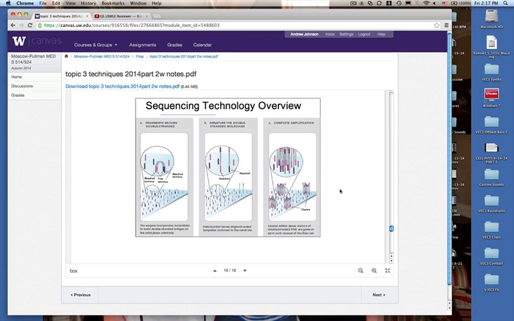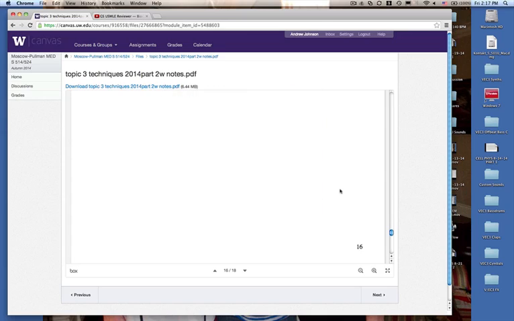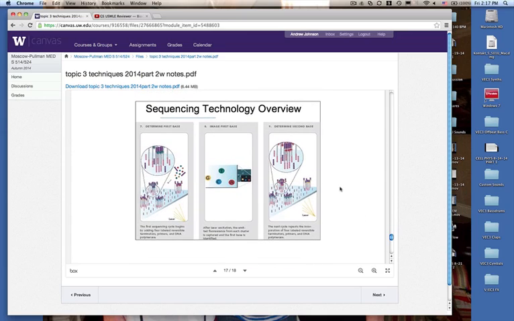You can get a sequence of each of these little clusters using what's called pyrosequencing. So you're throwing in a mixture of nucleotides, A, C, G, and T, right?